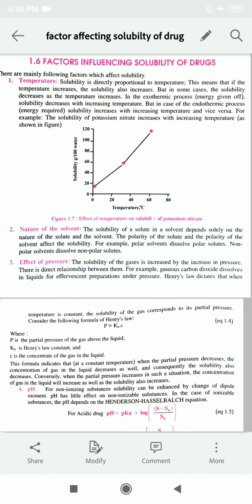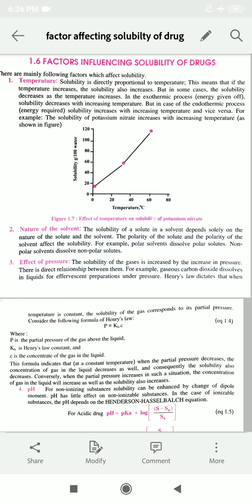So if the process is exothermic and you increase the temperature, the solubility of the solute will decrease. But in the endothermic process, they require energy, so as you increase the temperature, the solubility will increase.